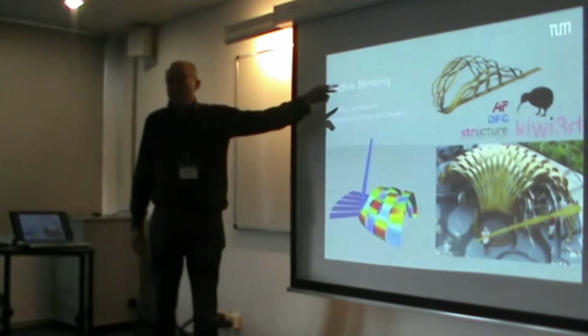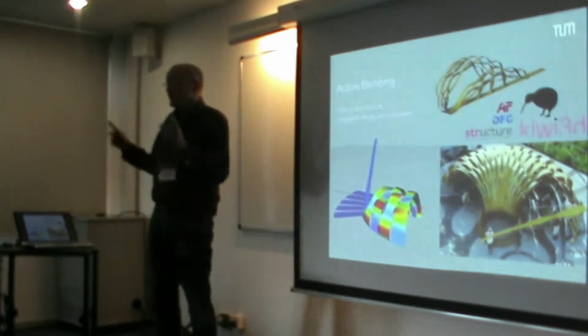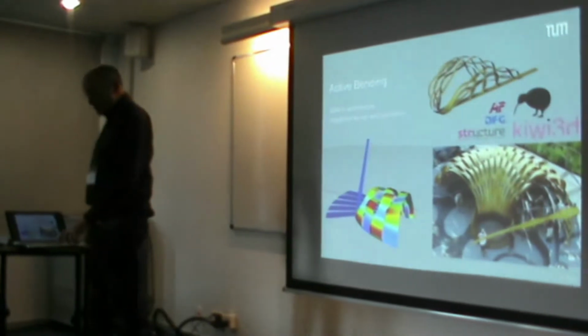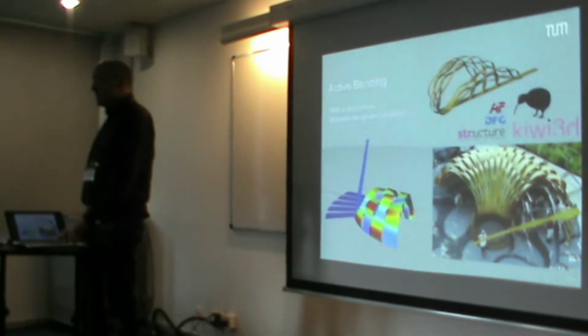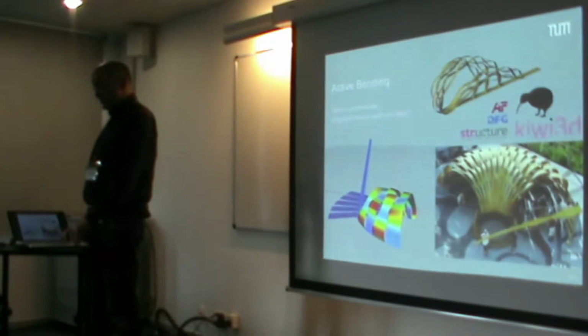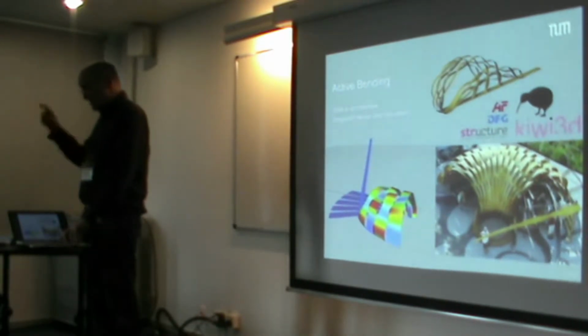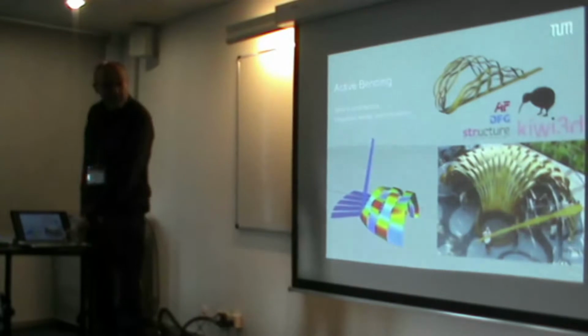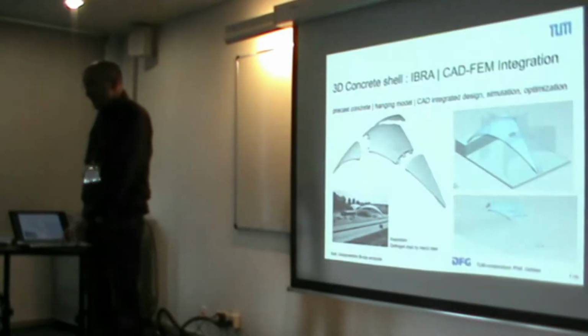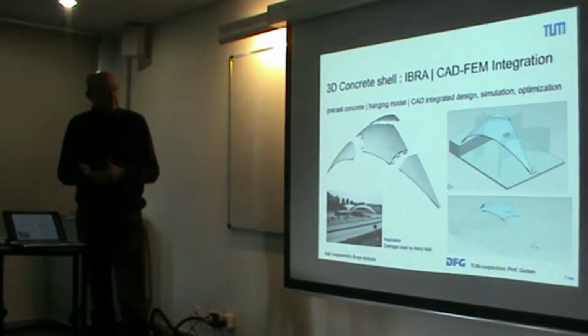Perhaps you have heard about active bending. It's one of these hype themes in architecture, where those guys want to do large bending analysis just by clicking keys, likely in these CAD environments which are given by Rhino.